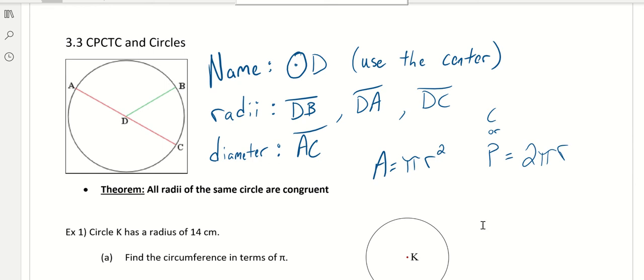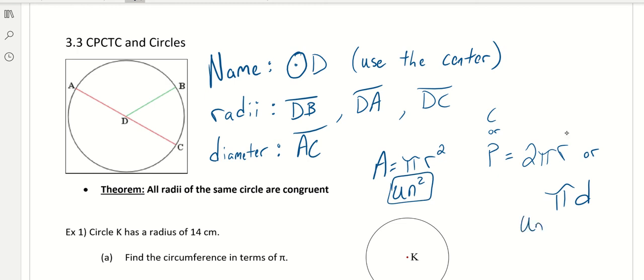Or think about what the radius is. The radius is half of the diameter, right? So if we take the radius and multiply it by 2, you could say pi multiplied by the diameter, or diameter times pi. The area, like all areas, is measured in units squared, and the perimeter, or the circumference, is measured in units.